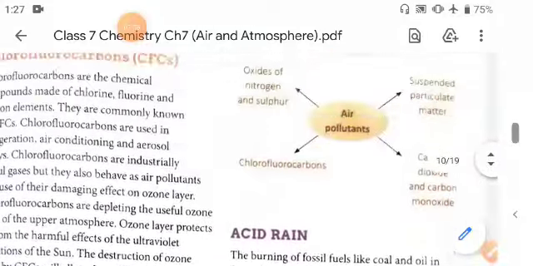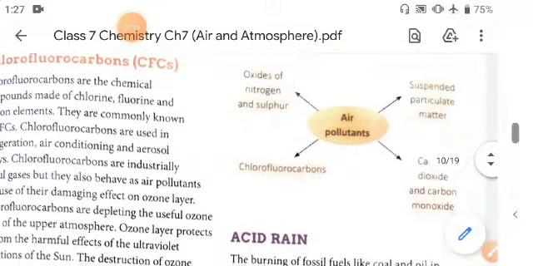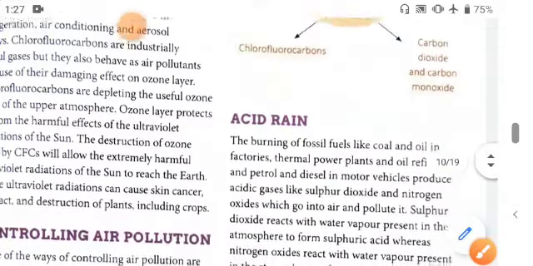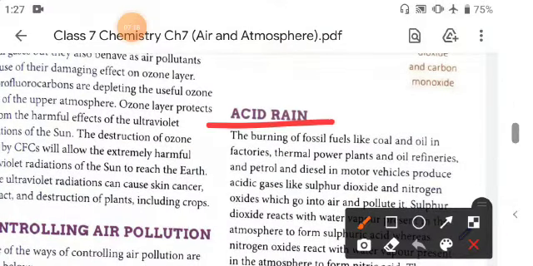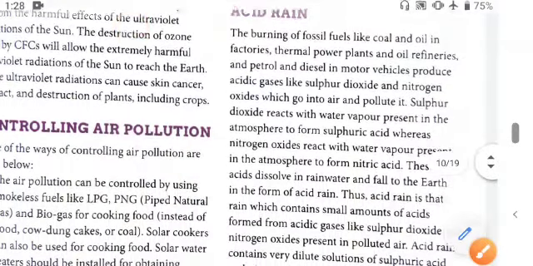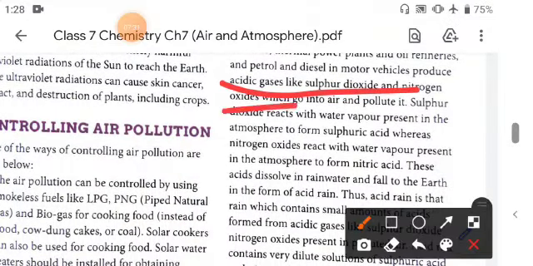So you know what is acid rain? These are the air pollutants given here. Students, in acid rain, the burning of fossil fuels like coal and oil factories, thermal power plants, and oil refineries, they all produce acids like sulfur dioxide and nitrogen oxide, which go in air and pollute it.